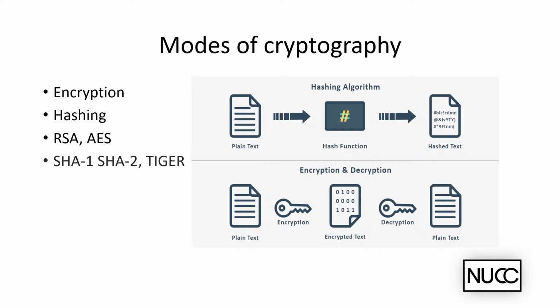Hashing is taking plain text and running it through a hash function, and you get a hash text. It's a one-way function, so it cannot be reversed because of the hash function's functionality. It's one-way and fixed size.